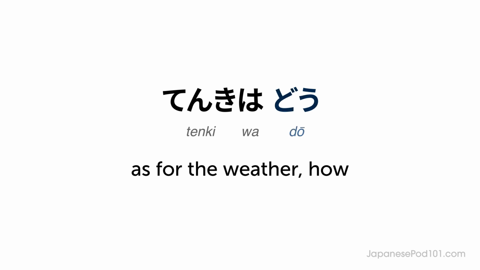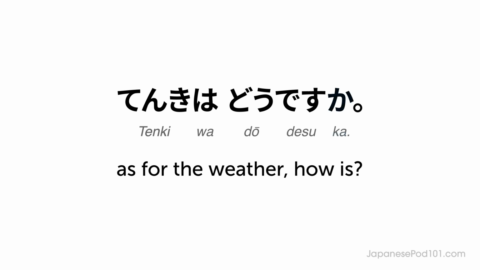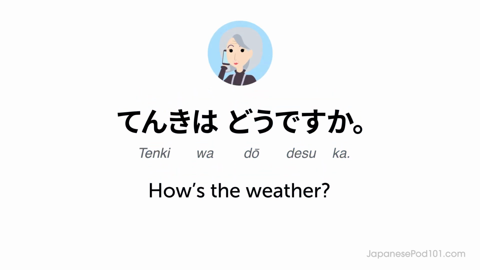After this is the word どう, meaning how in this context. After this is です. In this case, it's like the is in how is. And last is か, the question marking particle, which turns the sentence into a question. Altogether, 天気はどうですか? literally means as for the weather, how is, but translates as how's the weather.